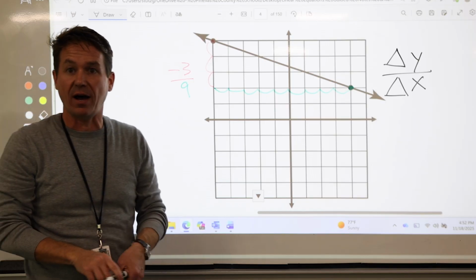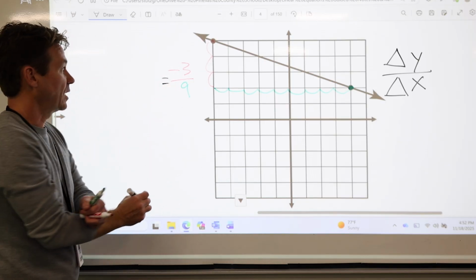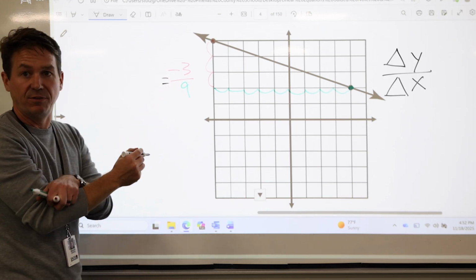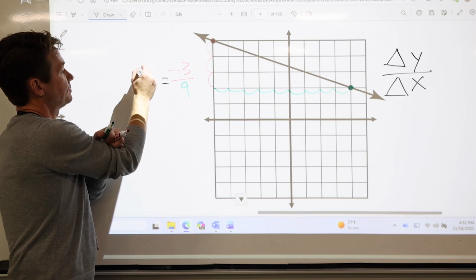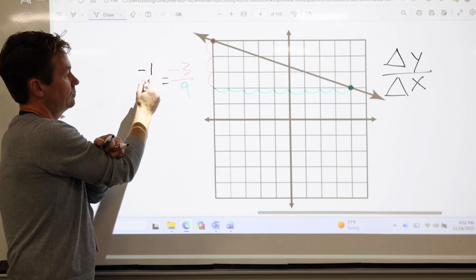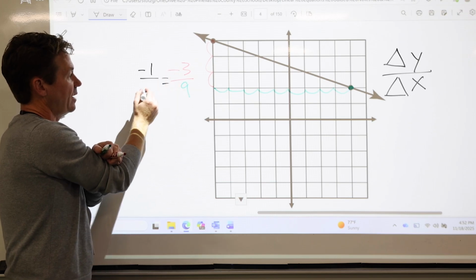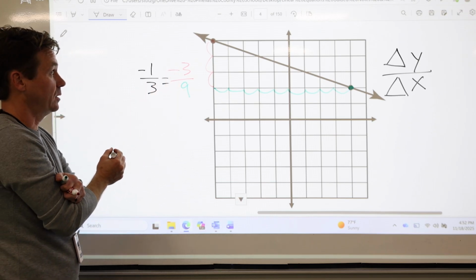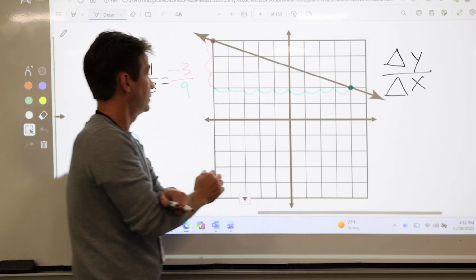Can we simplify that fraction? I think so. Both -3 and 9 are divisible by 3. So let's look at it like that. If we divide that by 3, -1, and then divide that by 3, I'd have -1 over 3. So we could actually take a look at our line.